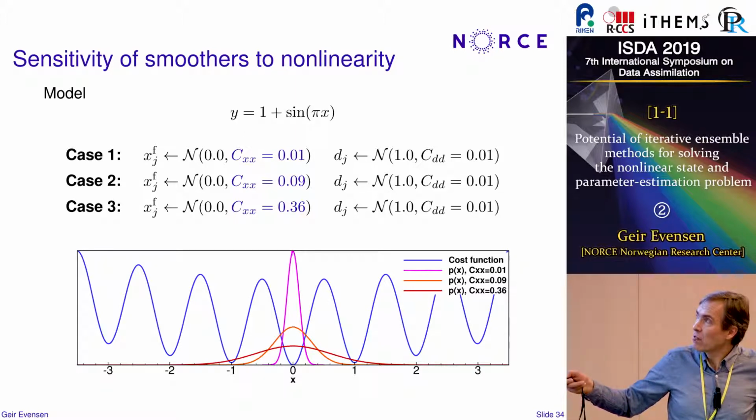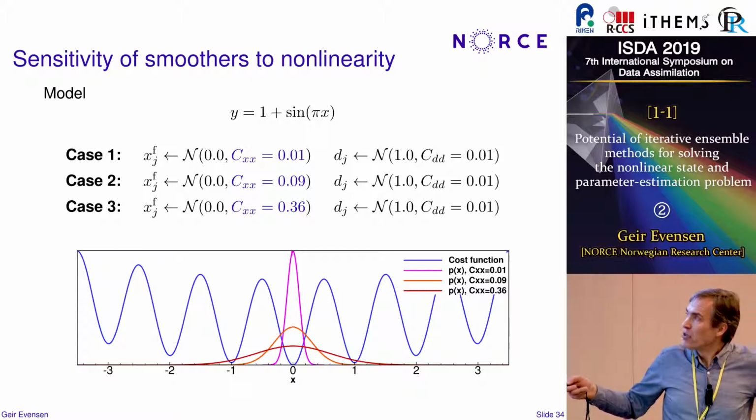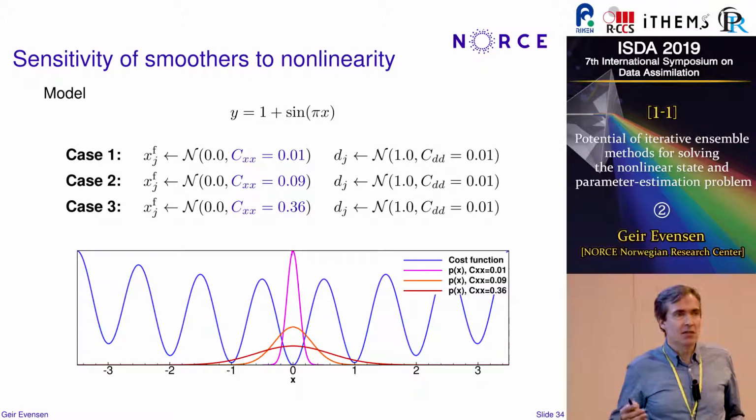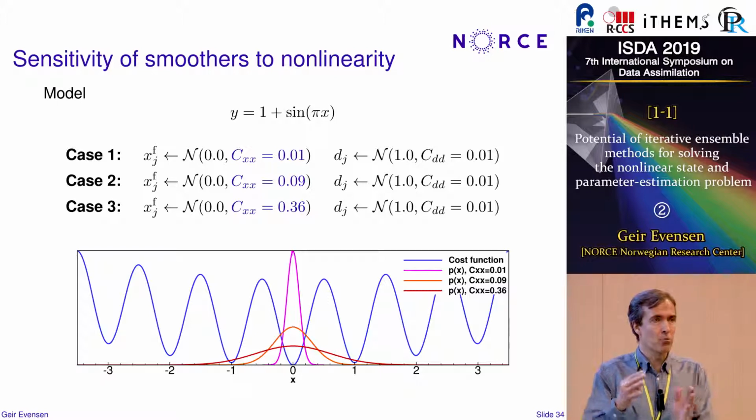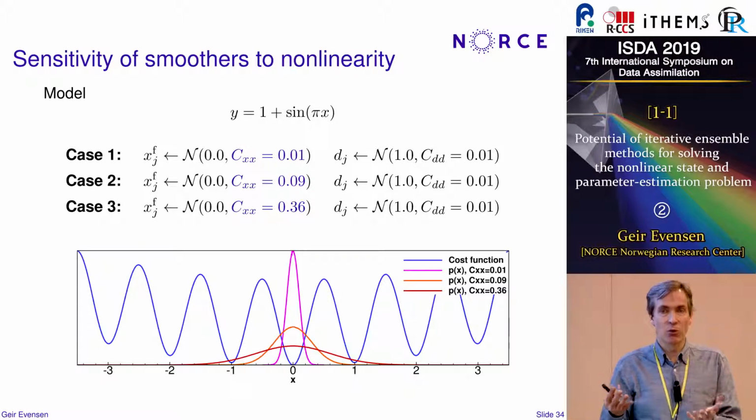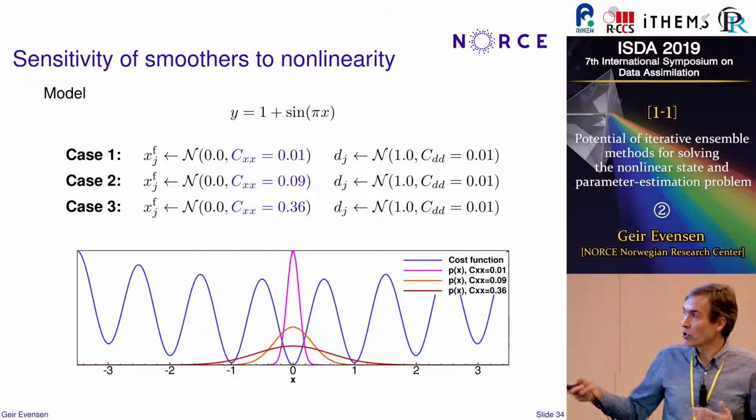This means that for one y, there may be many values of x. So it's a multimodal system. But multimodality is not necessarily a problem unless your prior covers many modes, right? If you have a really narrow prior, then you might be in one mode and things behave almost linearly. And that's what I try to illustrate here.